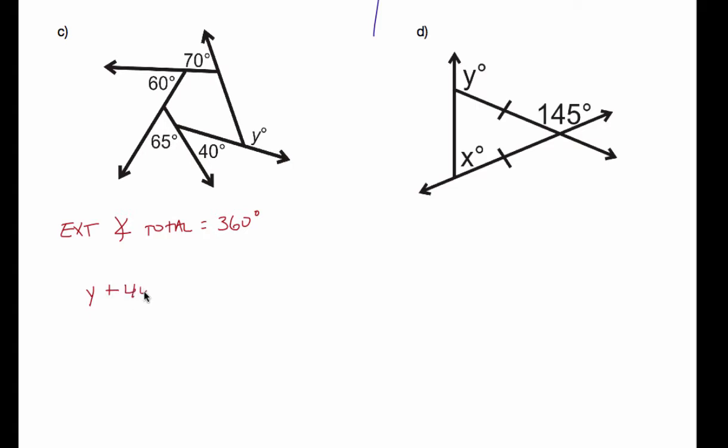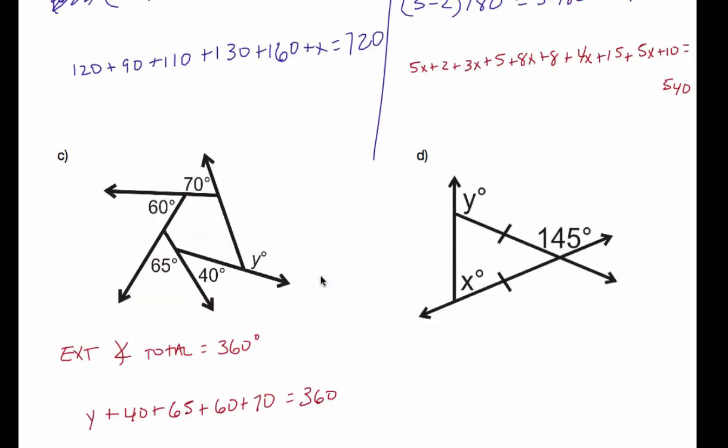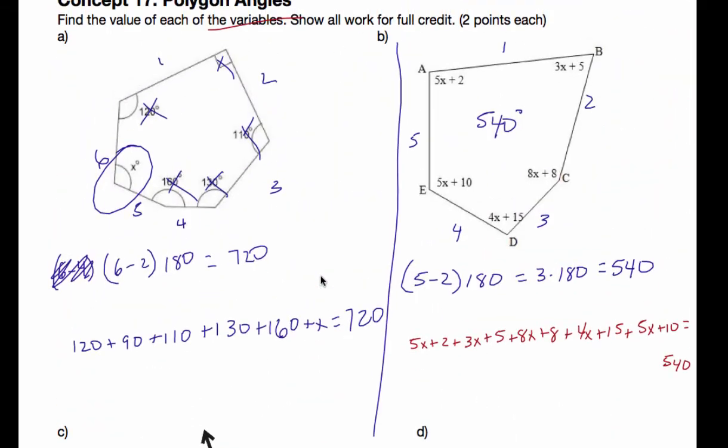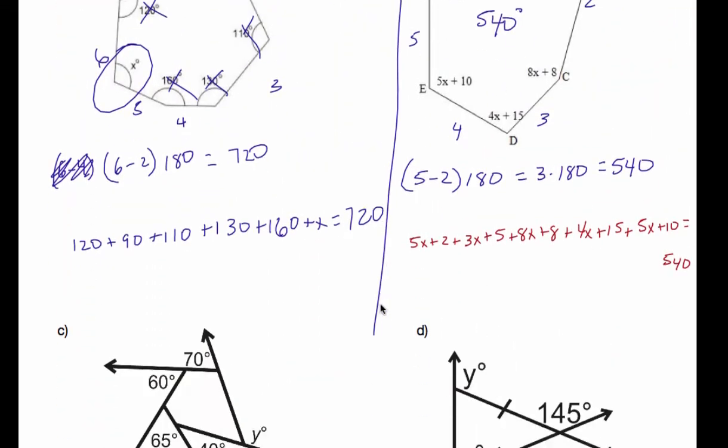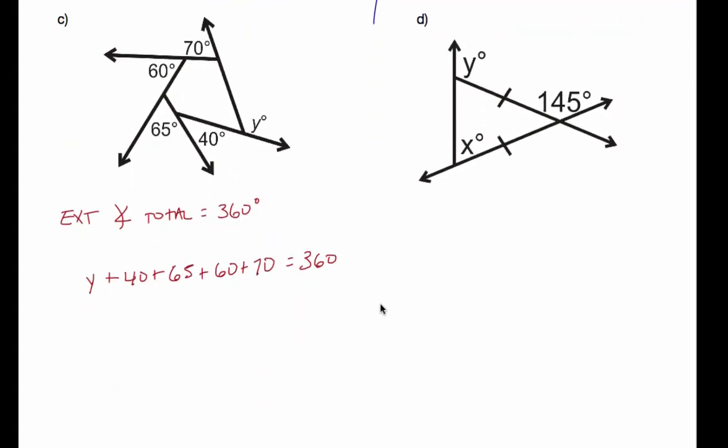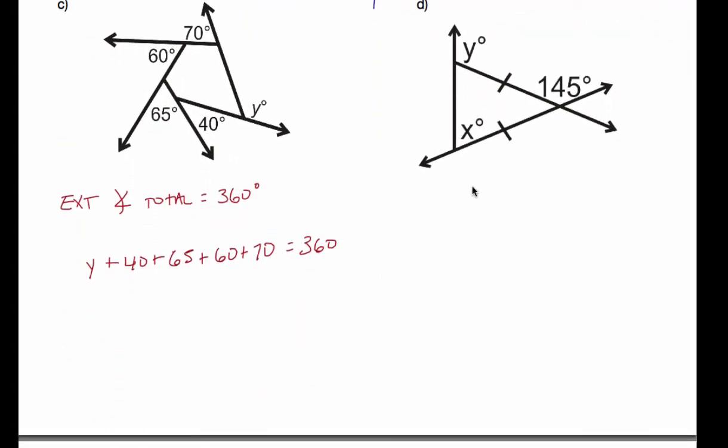Y plus 40 plus 65 plus 60 plus 70 equals 360. I think most of the battle is knowing what to set it equal to, but when you're dealing with exterior angles, you obviously have 360 always. And then if you have some other number, like up in these two problems up here, it's going to come from the number of sides. So determine your number of sides if you're dealing with interior angles, and exterior is always 360.